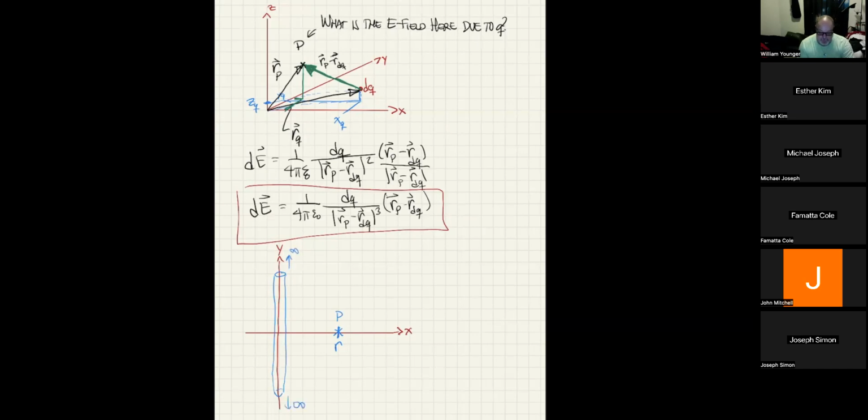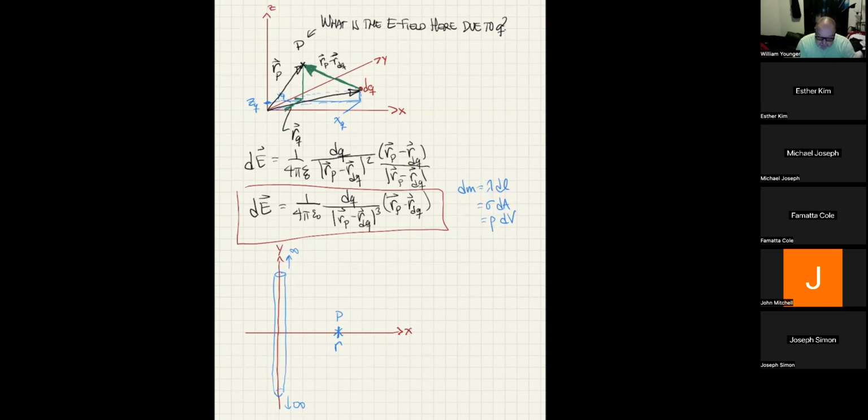Now the dq has a lot of different forms, and if you had my class last semester, you know that we had dm could be equal to lambda dl, or it could be equal to sigma dA, or it could be equal to rho dV, where lambda is the mass per unit length, sigma was the mass per unit area, and rho was the mass per unit volume.